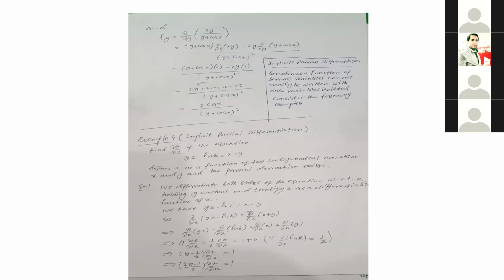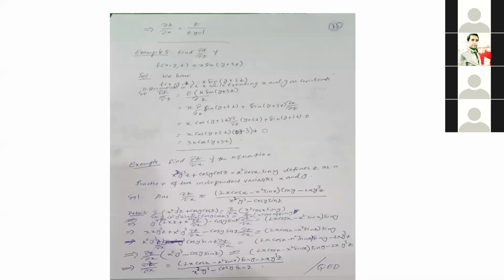Then dividing the other hand side by zy minus 1, the derivative of z with respect to x is equal to z divided by zy minus 1.